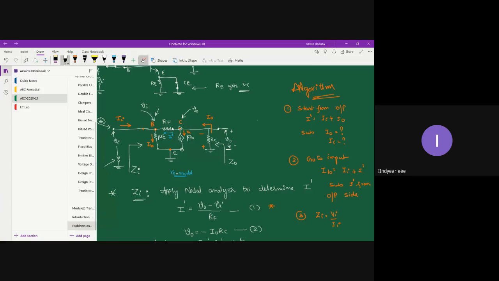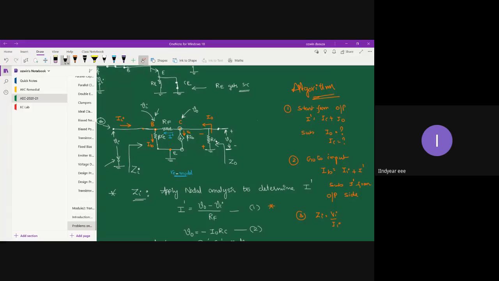Because there is a resistor RF which is also connected to the output side. You can see that RF is also connected to the collector side, and to the same collector we also have a resistor RC. So directly you can't say Z0 is equal to RC.